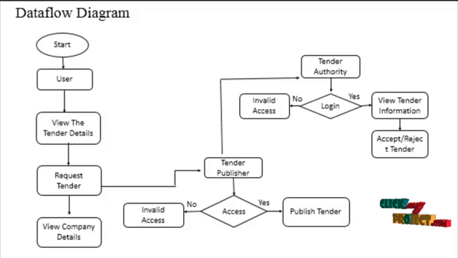Here, the user views the tender details. If the user wants any tender, they request the tender, and this request information goes directly to the tender publisher. The tender publisher accepts or rejects the request. Then the accepted or rejected result goes directly to the user's mail ID.